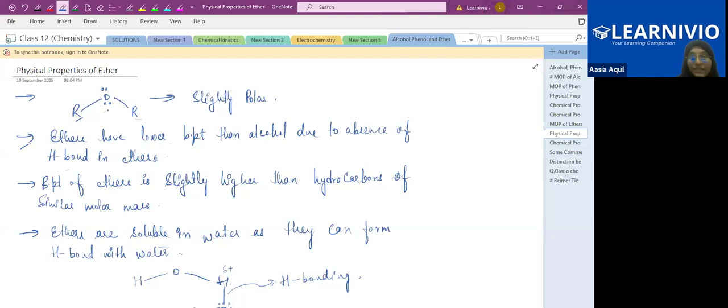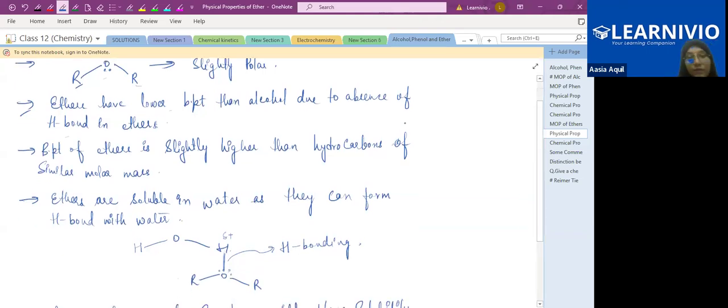As compared to alcohol, there is hydrogen bonding present in the alcohol, and due to that its boiling point is quite high. And compared to alcohols, ethers have lower boiling point.